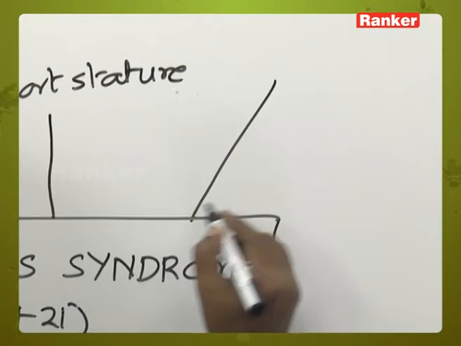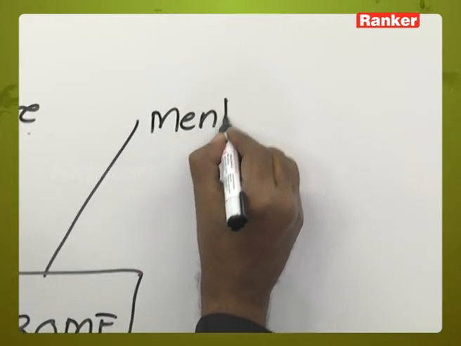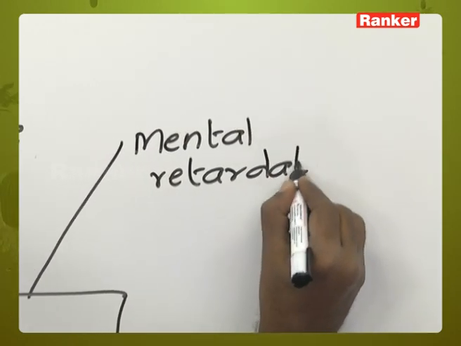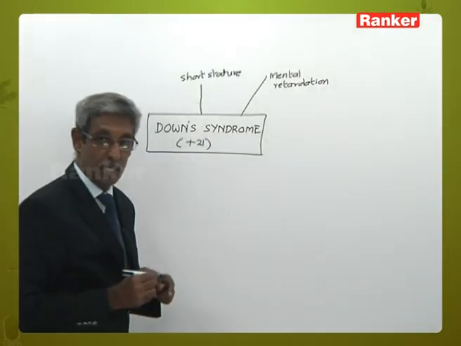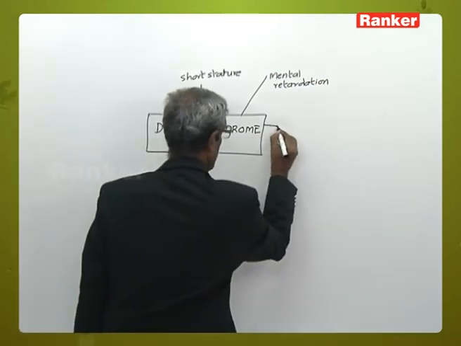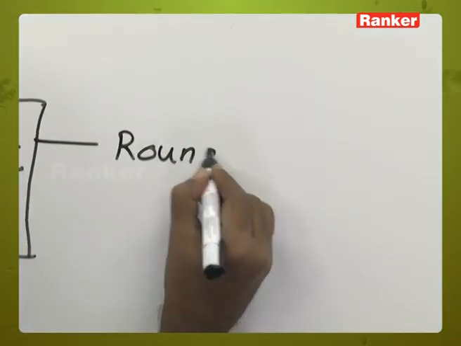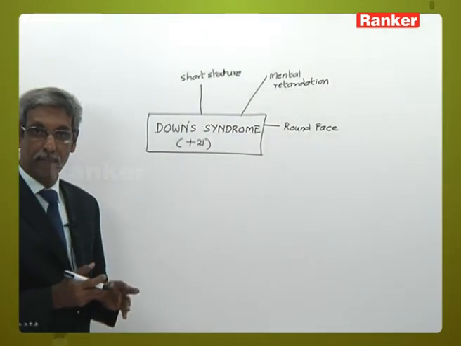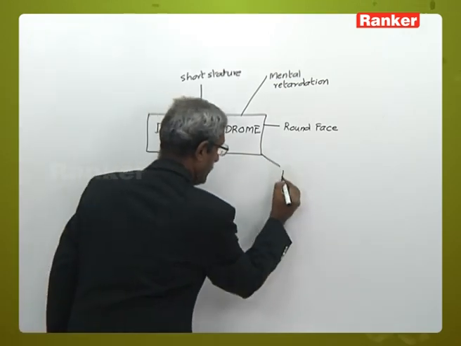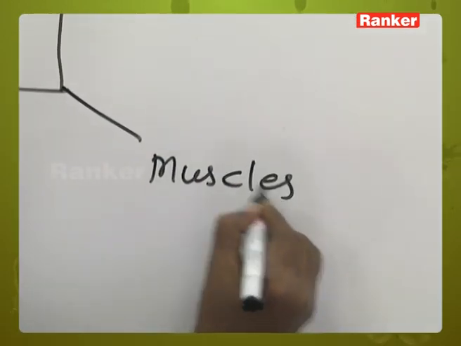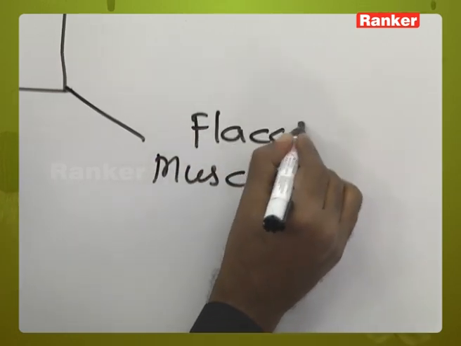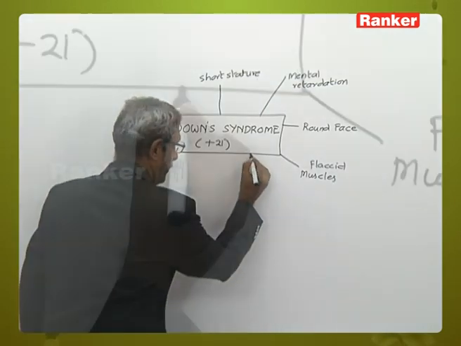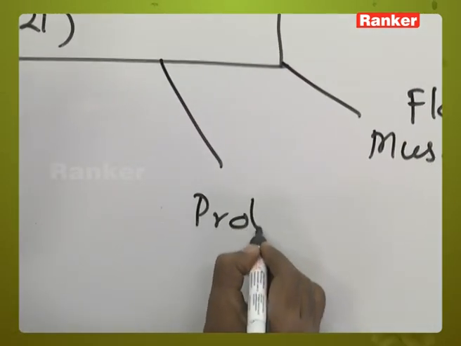Again, people who inherit Down syndrome exhibit mental retardation, they have a round face and a broad head. Muscles are flaccid. Small ears. They have a protruding tongue.